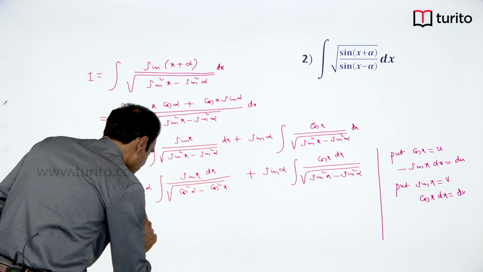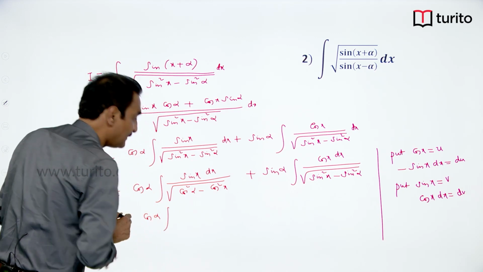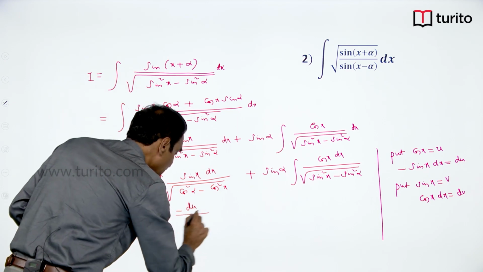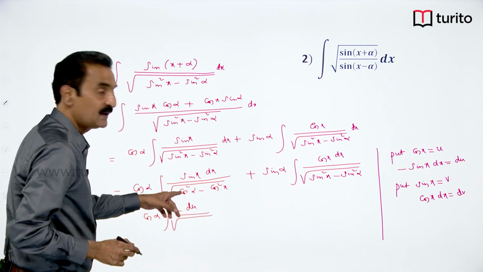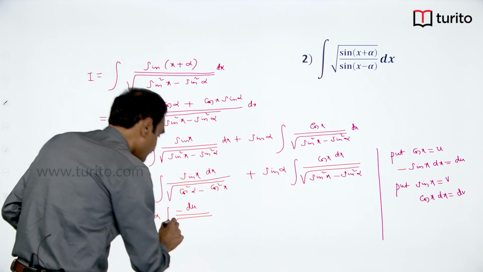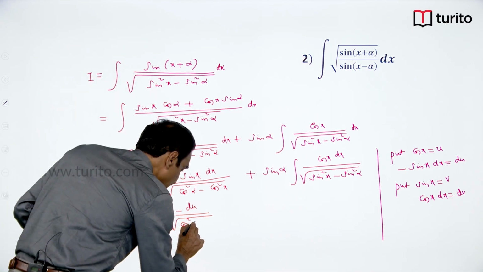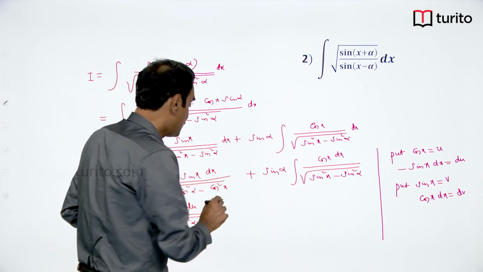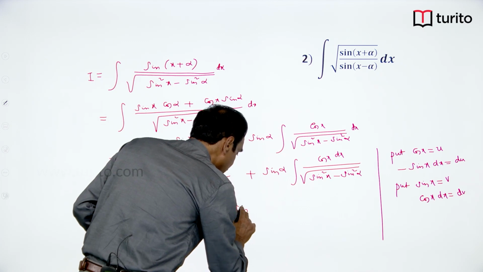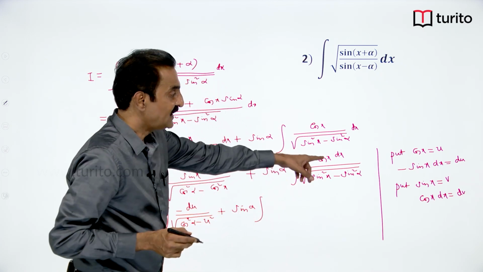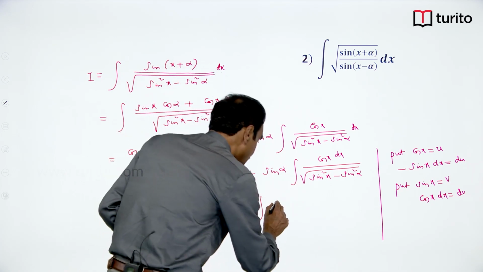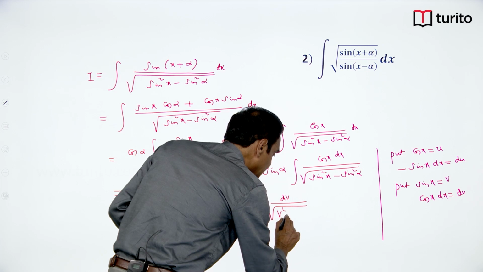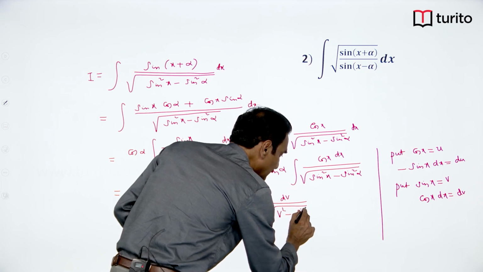So, now this is cos alpha integral minus du by root over cos square alpha minus u square plus sin alpha into numerator is dv by under root v square minus sin square alpha.